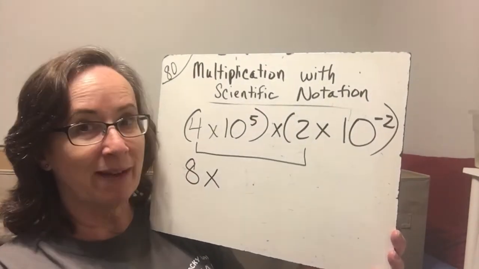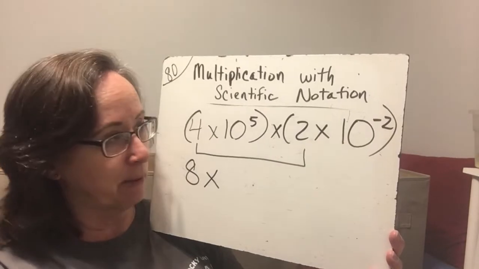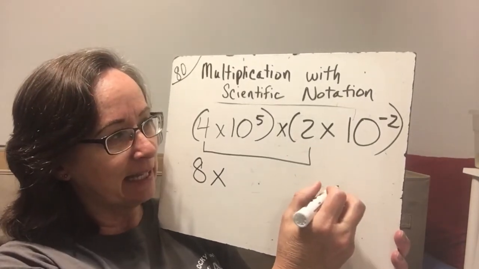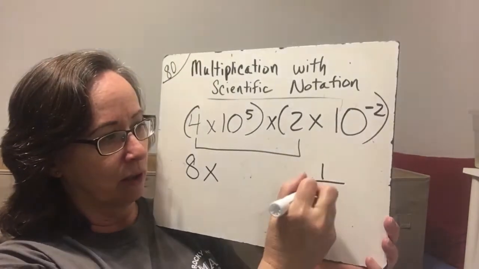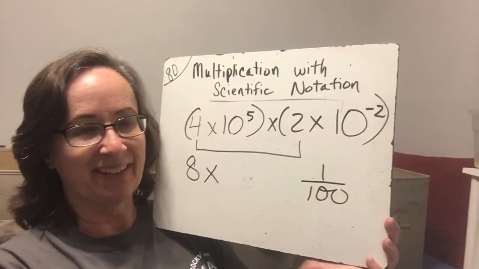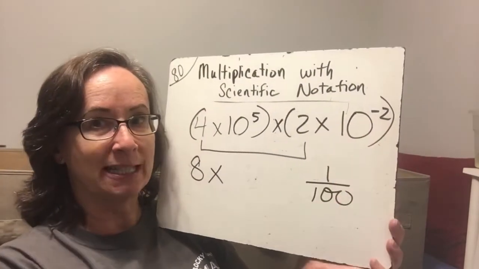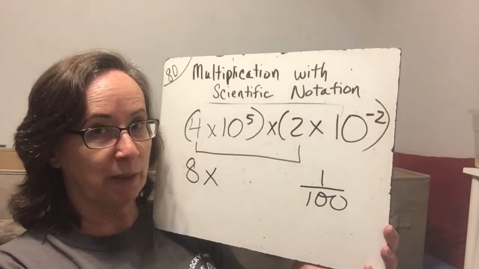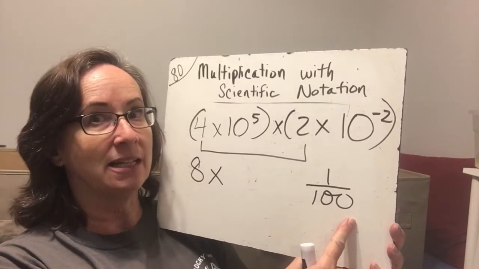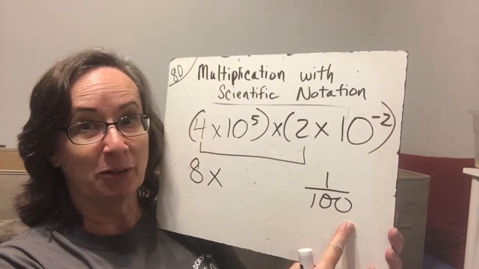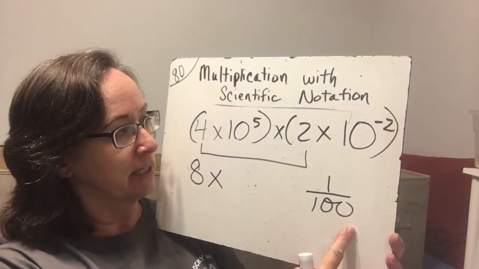What happens when we have a negative 2 exponent? 10 to the negative 2 is 1 over 100. A negative 2 means it's going to move the decimal 2 places to the left. And a 100 in the denominator is going to move it 2 places to the left.